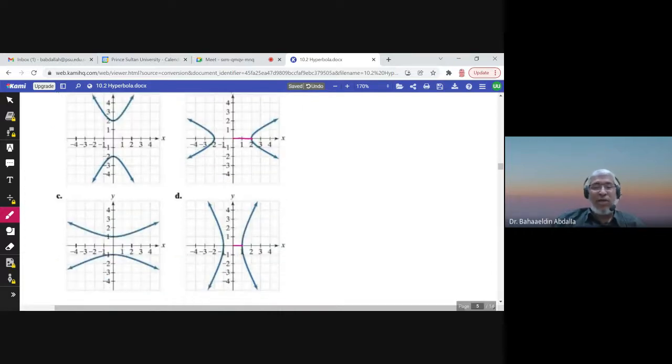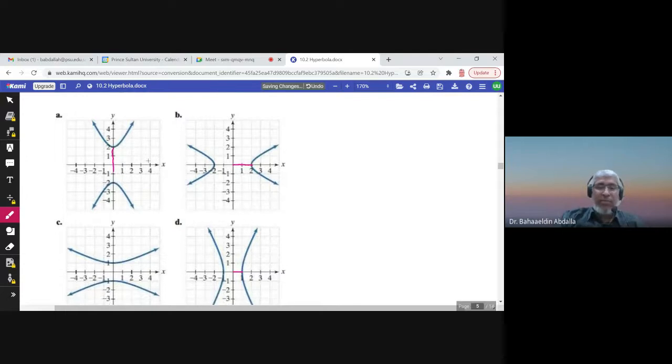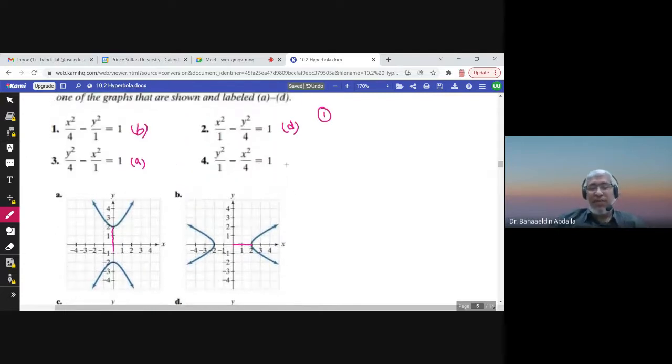So either A or C. But here 2 is the distance from the center to the vertex, and that's part A. So this has graph A and this has graph C.